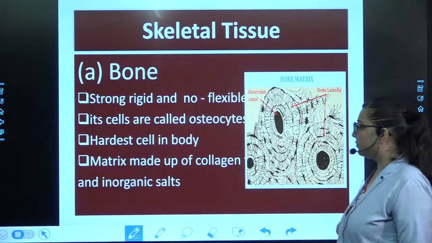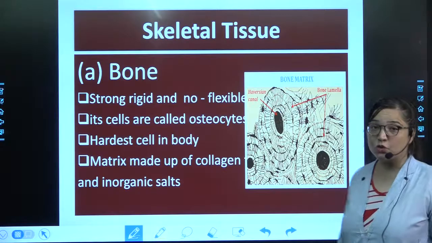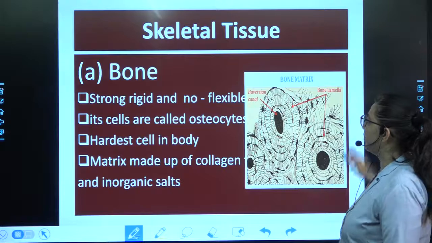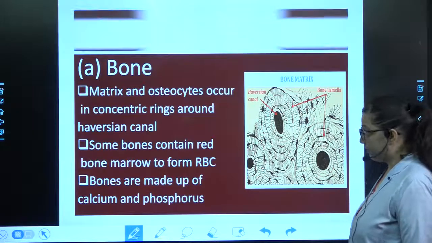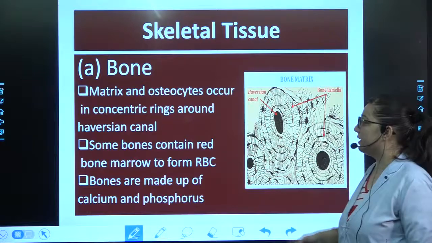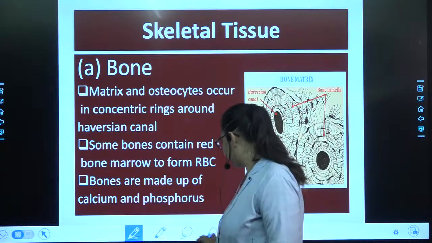Let's move further to the next part of this skeletal tissue. There we are going to study this particular diagram. You can see the matrix of osteocytes. They occur in the form of concentric rings over here.